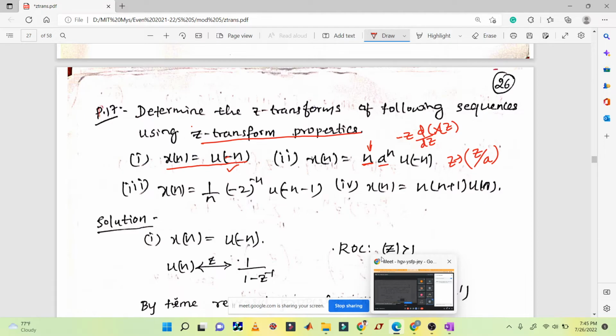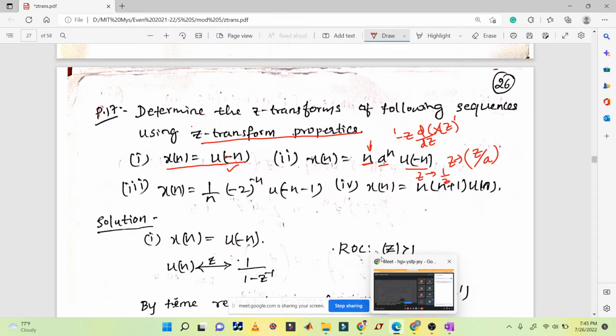So if we are multiplying by a to the power n, then in the answer wherever z comes, we have to write z by a. For u of minus n, if the answer is x of z, then z is replaced by 1 by z. If it is multiplication by n, it is differentiating the final answer.